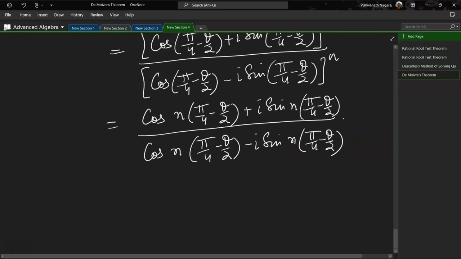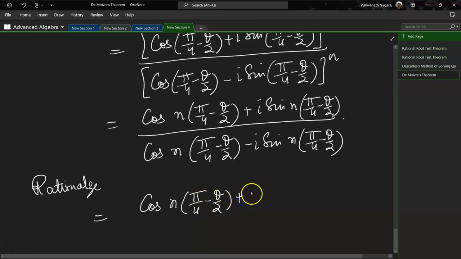Now, to make it much simpler, we need to rationalize it. What we do is we take the conjugate of the denominator and multiply both denominator and numerator with it. Its conjugate is with a plus, so in the numerator it will be equal to the numerator itself. So instead of writing the whole thing again and again, let me just make it a square.